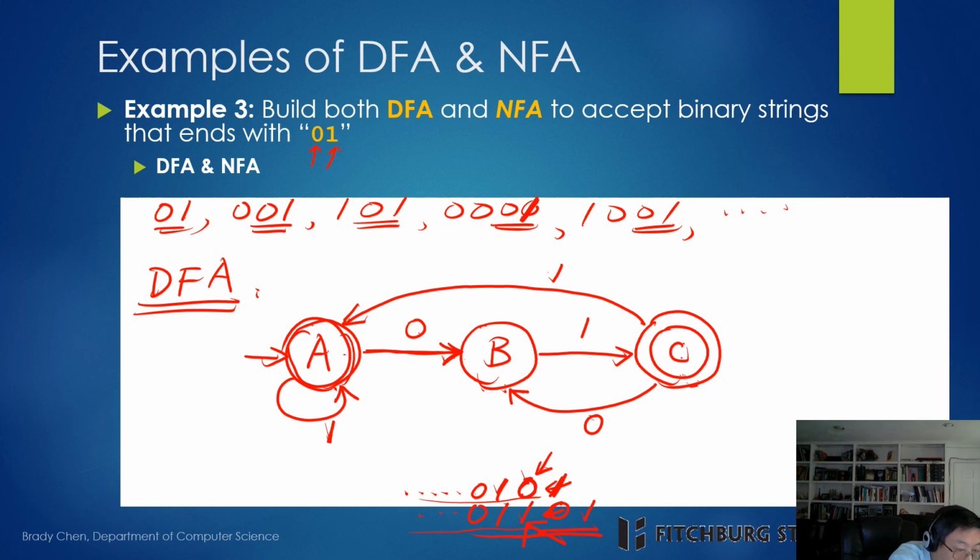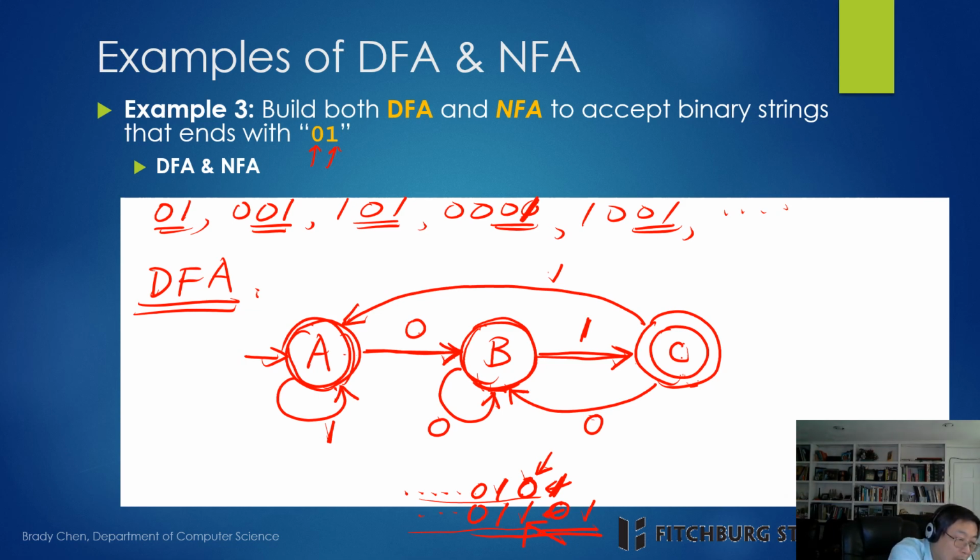Now let's see what's state B. For state B, we have defined the next state, which is C, for input 1. But what about if the current state is B, but the input value is 0? Yes, that's correct. We stay in B, because if the next input is 1, then we're back to the accepting state.